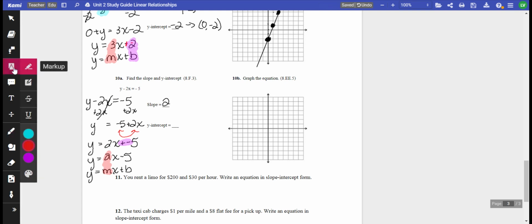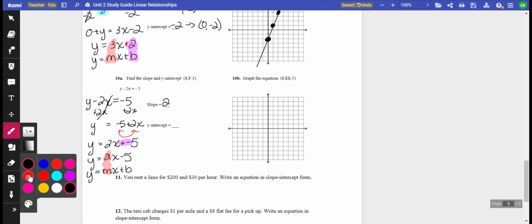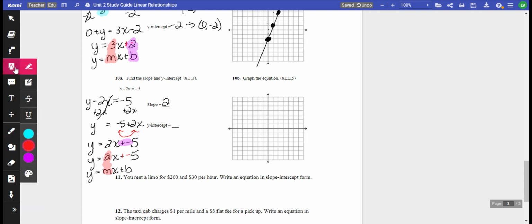And then the y-intercept, well, it doesn't say plus b. So if I make that plus negative 5, then my y-intercept becomes a negative 5.